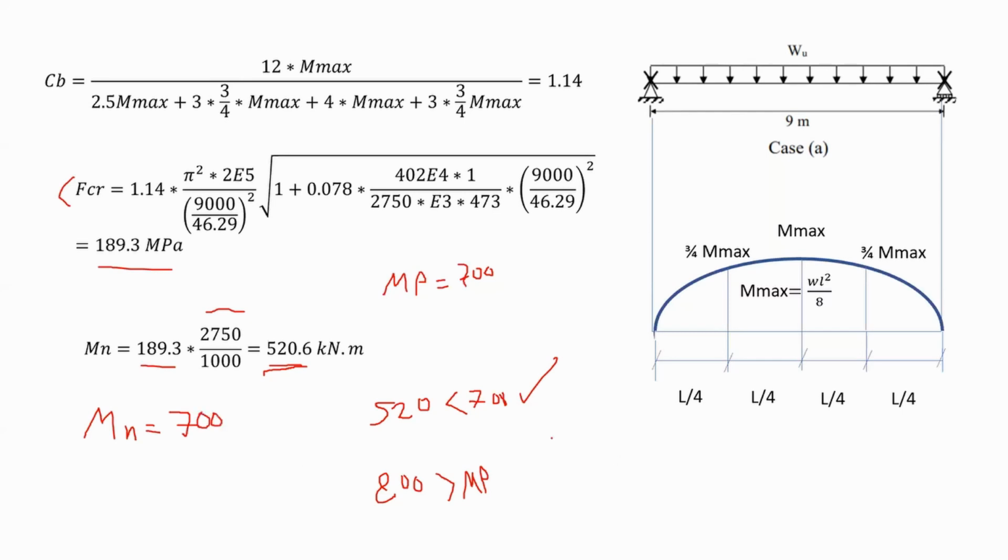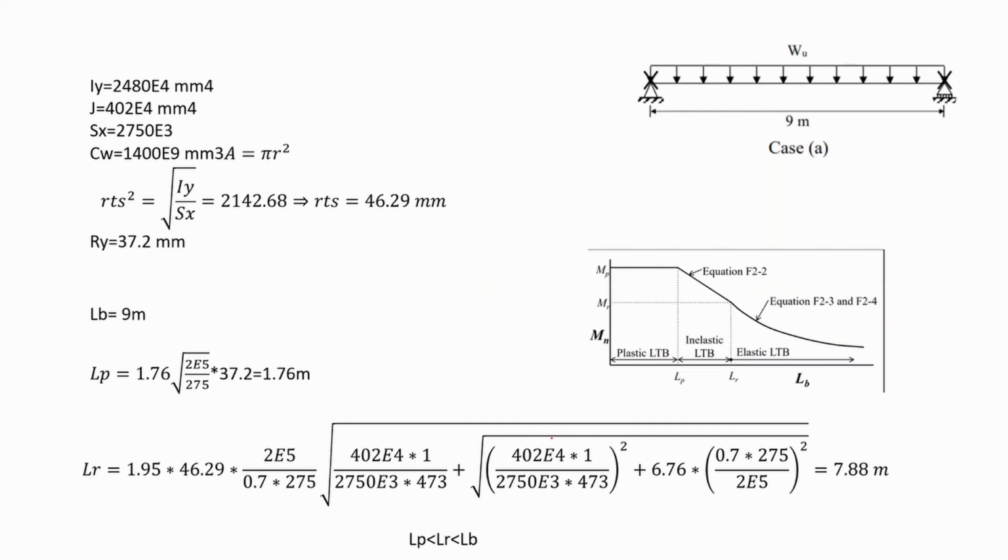Why is that? Because if we go back again to this drawing, the equation that you have is representing this line. And if this line stretches, it's nonsense if your capacity exceeds MP, because MP is the maximum moment or the maximum capacity of the member. Therefore, you limit your result in here and say Mn is equal to MP.